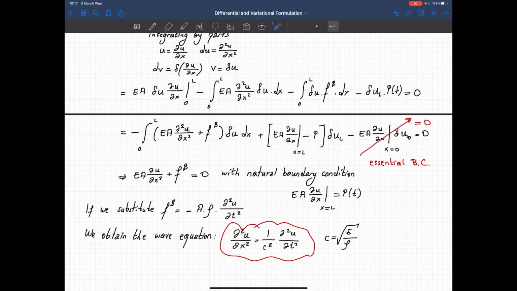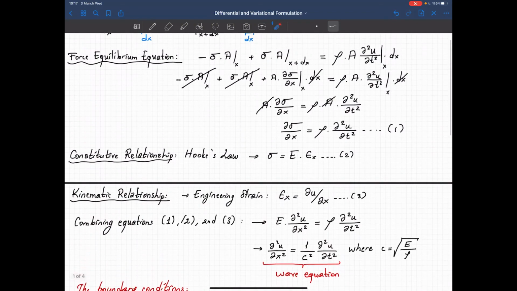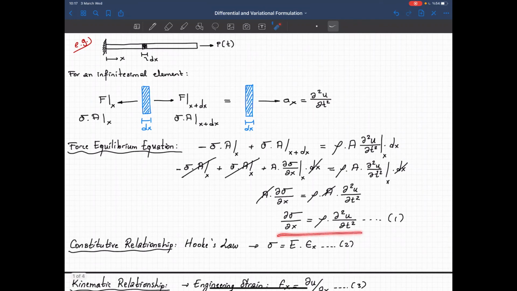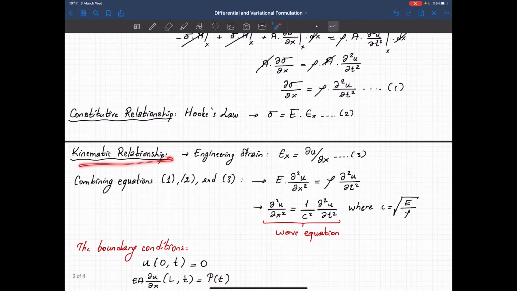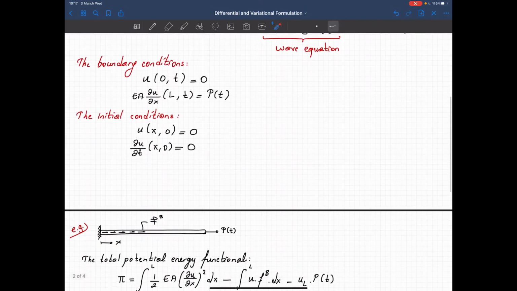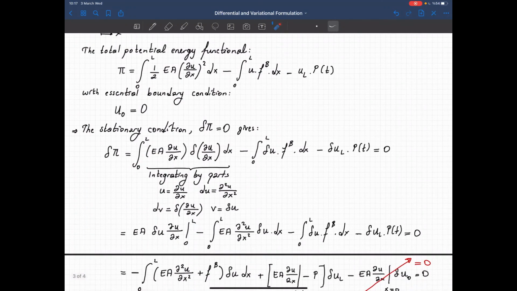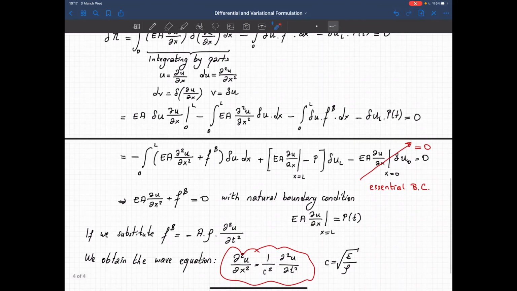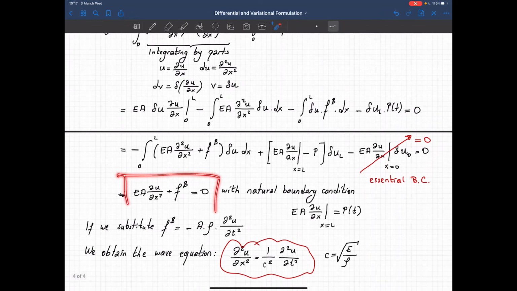We remember the differential formulation. We started with the force equilibrium equation. We put the constitutive relationship and the kinematic relationship into that equation, and we obtained the wave equation. In the variational formulation, when we take the first variation of the total potential energy functional, at the end we obtain the same equilibrium equation.